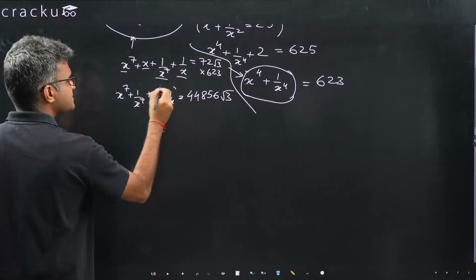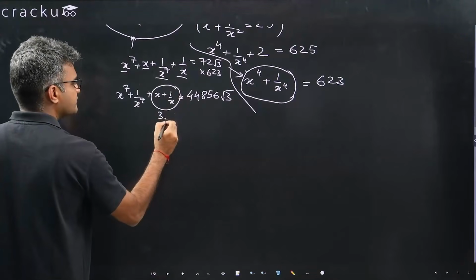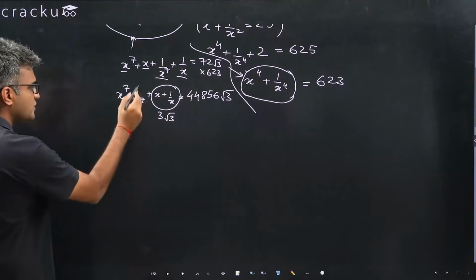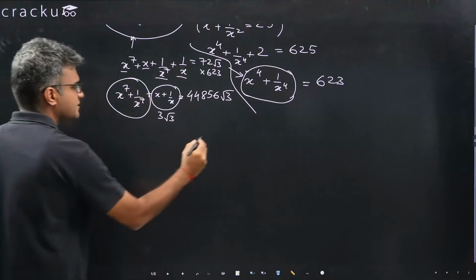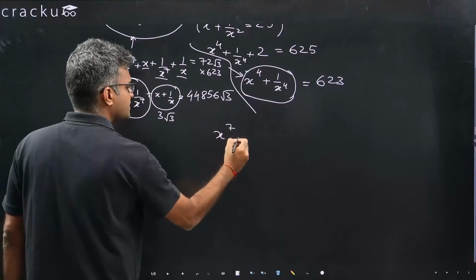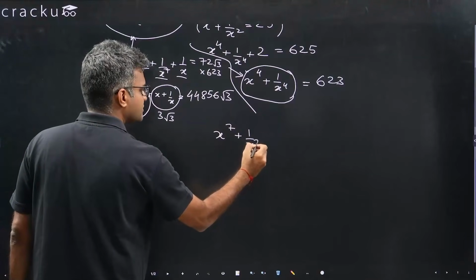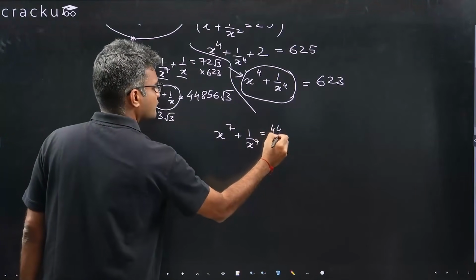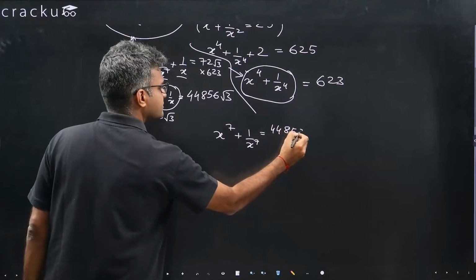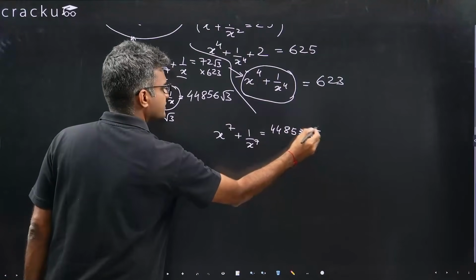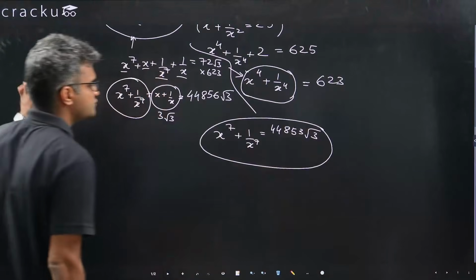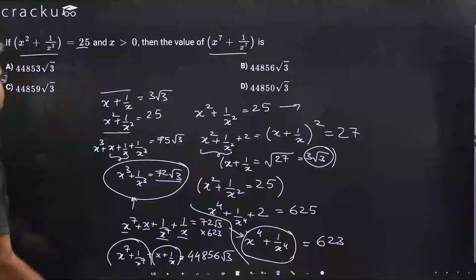But what is x plus 1 by x? This is equal to 3 square root of 3. So if you're only looking for the value of x to the power 7 plus 1 by x to the power 7, that will be equal to 44853 square root of 3. So the answer for this particular question is option A.